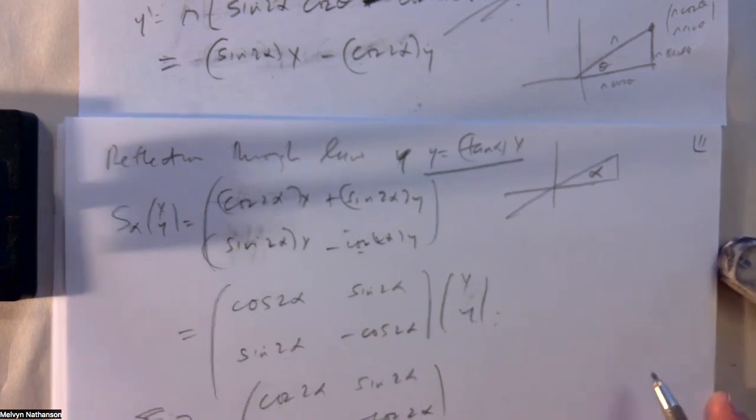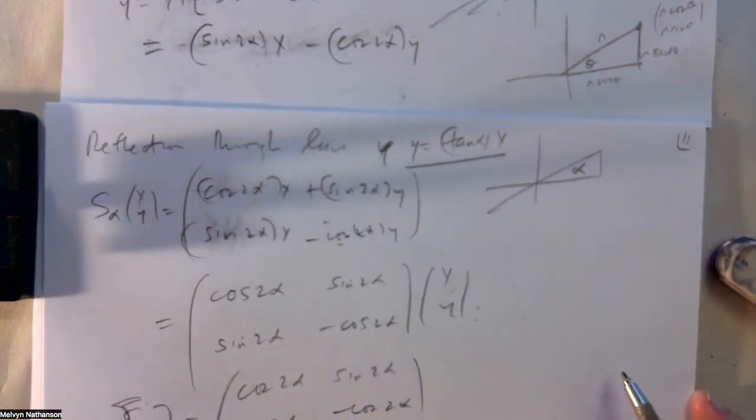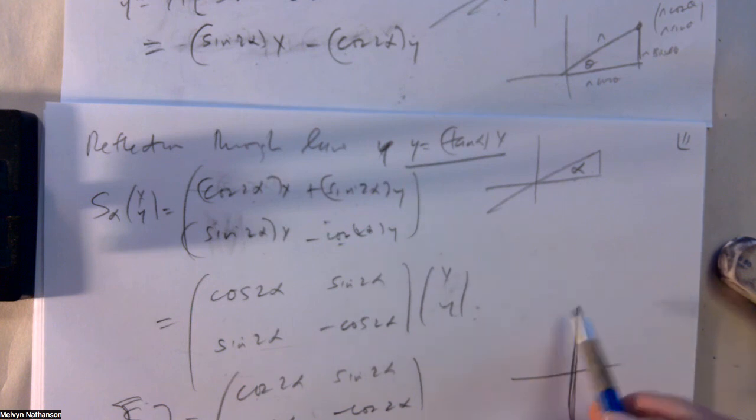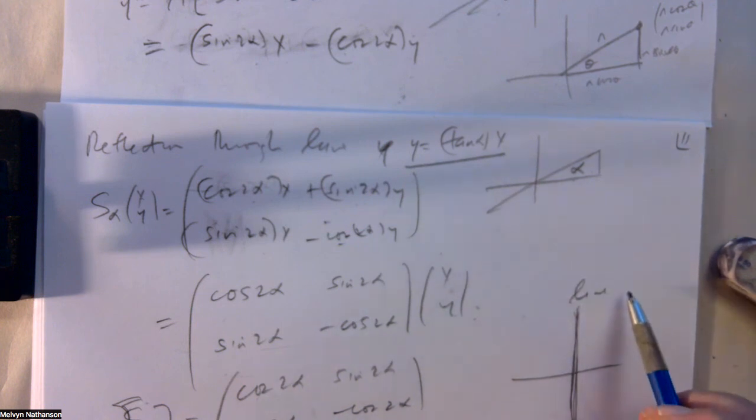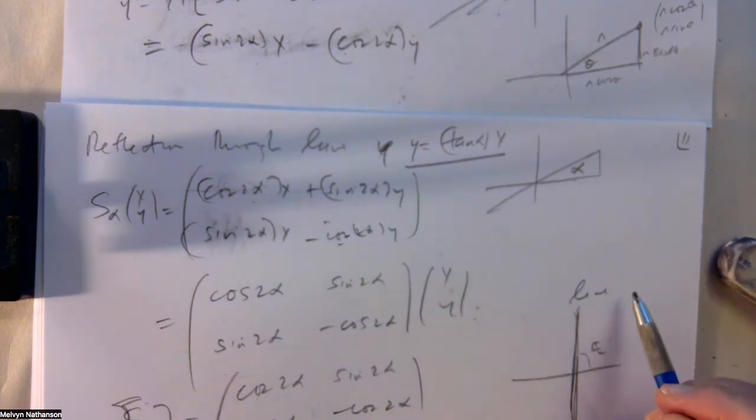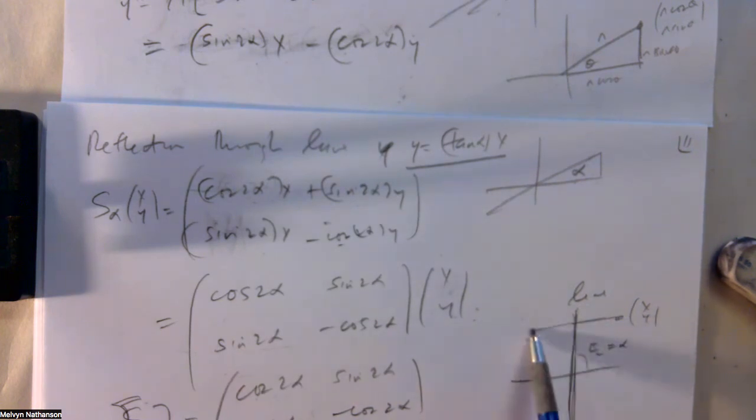So let's take an example just to calculate this of a case where we can figure out what the answer is. Suppose we take the line, the y-axis. So this angle is pi over 2. So we take the line with alpha equal to pi over 2. If you take a vector xy and you reflect it through that line, you should get the vector minus x, y.